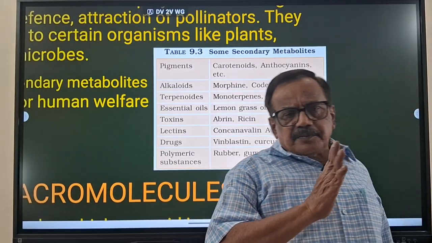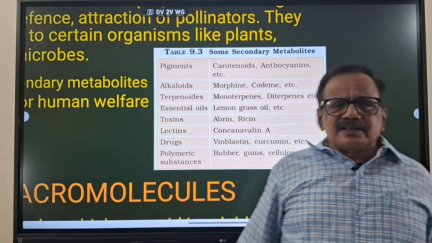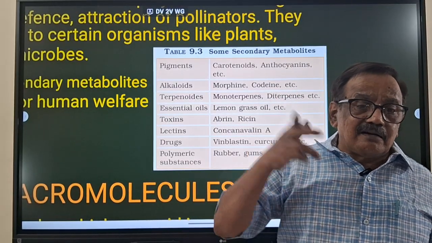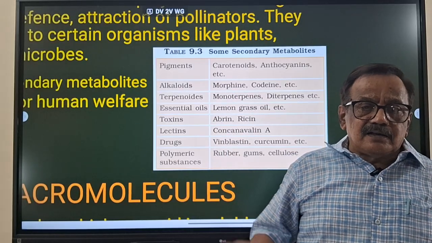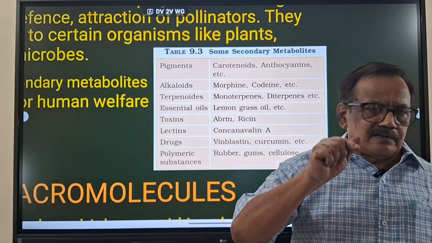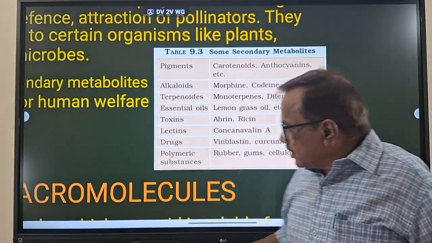The water, the acid soluble pool, the insoluble pool also, the lipids and all the things come under primary. Whatever does not participate in the fundamental duties of the living organism is called a secondary metabolite.